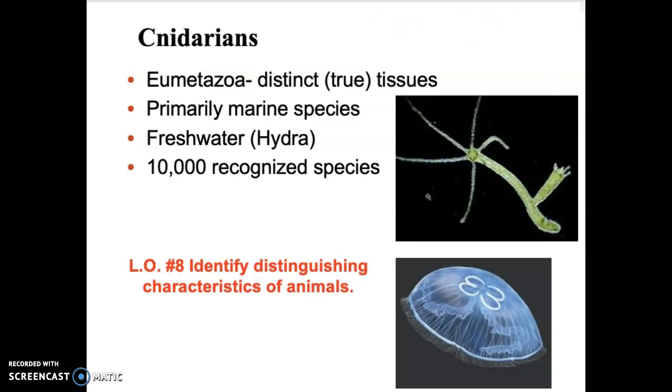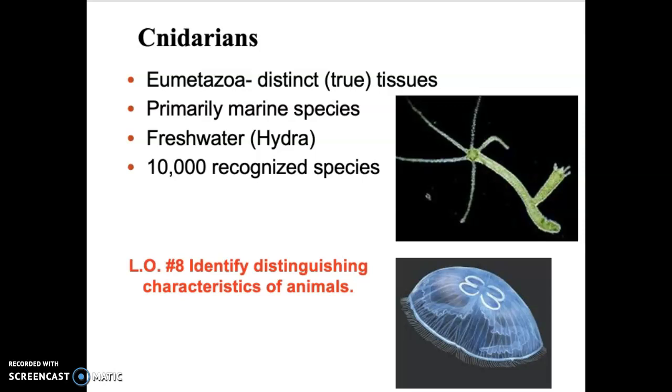As I mentioned just a minute ago, these are by and large marine species living in the ocean, saltwater. The freshwater species that we'll talk a little bit about is called the hydra. We know of over 10,000 species, and this is a number that is continuously evolving because we keep finding more. Easy ones to think about are the hydra and jellyfish.